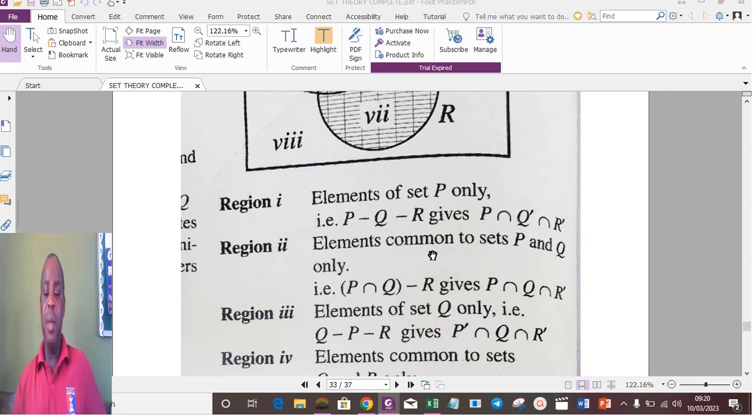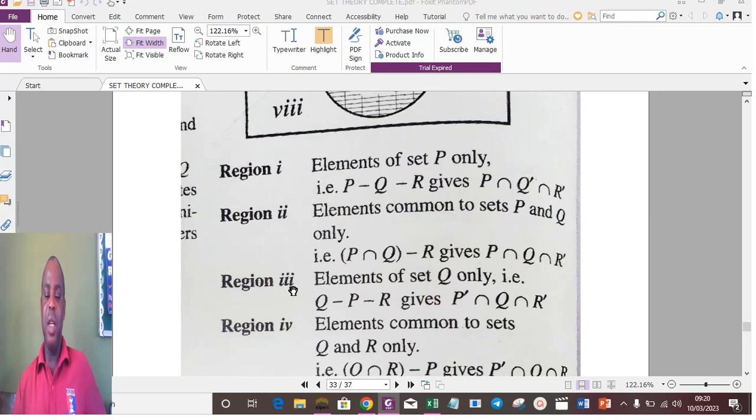Now look at this element common to P and Q. I've explained that one to you. So that is P and Q, but you know R is not there, but not R. P and Q, element common to P and Q, but not R. So you remove R from it. You can also write it like P intersection Q intersection R prime, because R is not there.